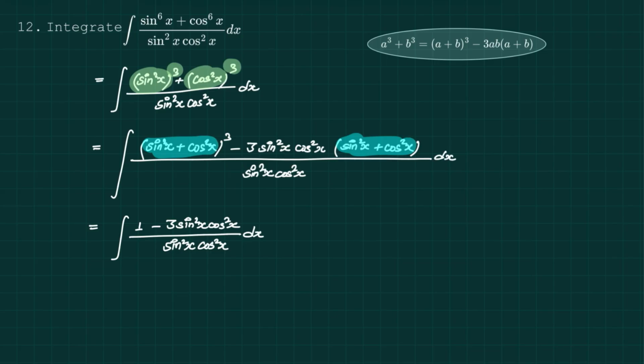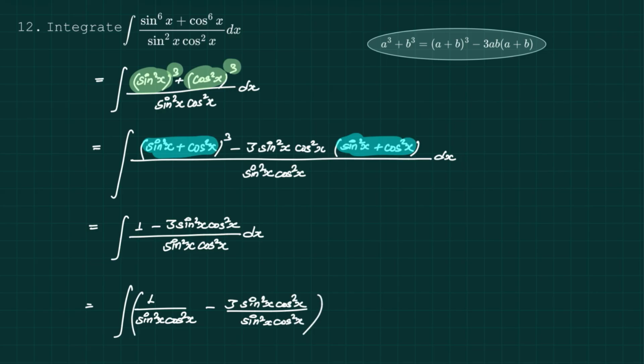Now let us separate the denominator, then we will have the integration of 1 by sin square x cos square x minus 3 times sin square x cos square x divided by sin square x cos square x dx. So here sin square x cos square x got cancelled.